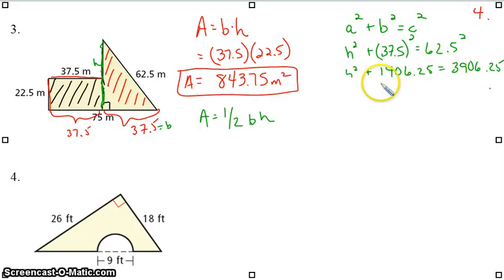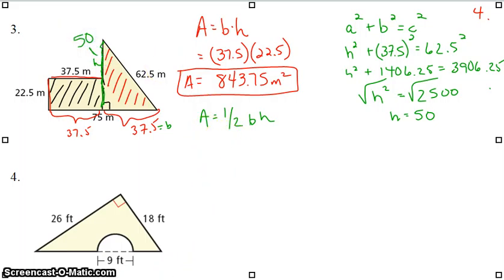So we know we're going to have to subtract this from both sides. So let's go ahead and subtract that, minus 1406.25. And we're going to end up with 2500. And we know we got to square root both sides to come up with h. And again, this is our height. So that's really cool because that's exactly what we needed to solve this. And that's going to be 50. Alright, so it looks like this height right here is 50.